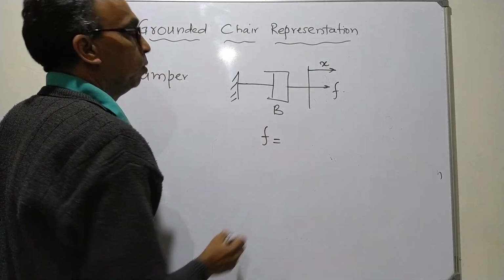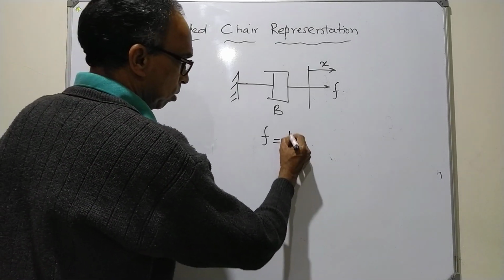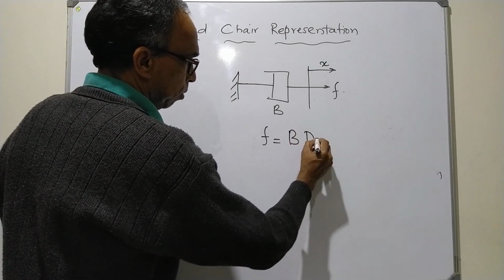Damping force is proportional to velocity. So F was equal to B into Dx.